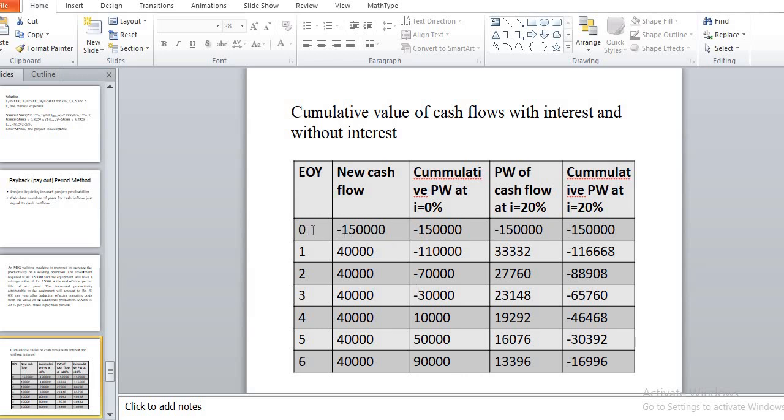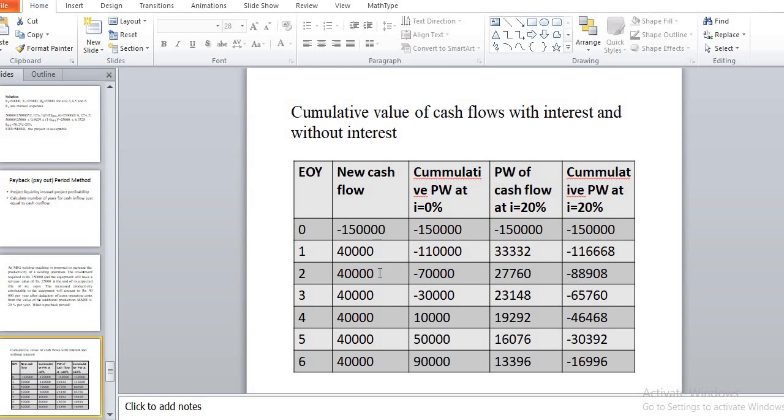At the start of the MIG machine, it remains minus 150,000. At the end of the first year, there is a revenue of 40,000 per year. So 40,000 plus minus 1,50,000, 40,000 minus 1,50,000 becomes minus 1,10,000.